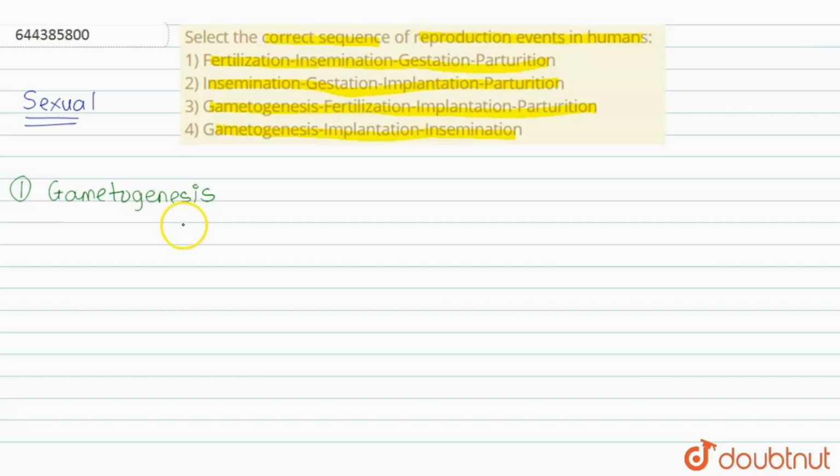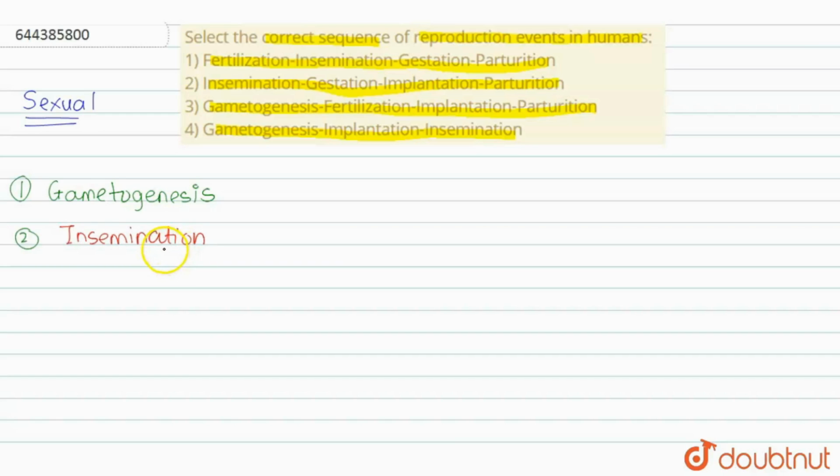Now after the gametes have been formed, the male gamete has to be transferred into the genital tract of the female. This process is called insemination. So insemination is release of semen or sperms in the female genital tract.